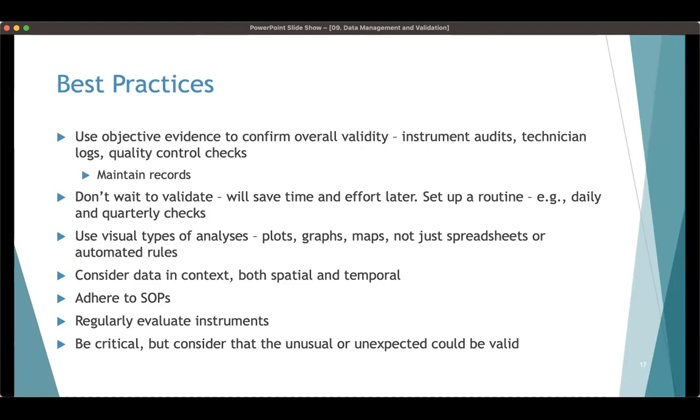Okay? Use visual types of analysis. The best practice would be we should use visual types of analysis. We can use plots, graphs, maps, not just spreadsheets or automated rules. ගොඩක් වෙලාවට අපි use කරන spreadsheets හරි automated rules හරි විතරක් නෙවෙයි, visual types of analysis.